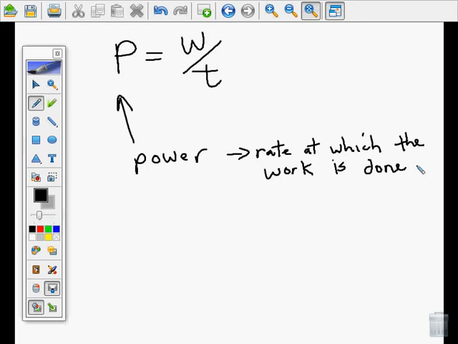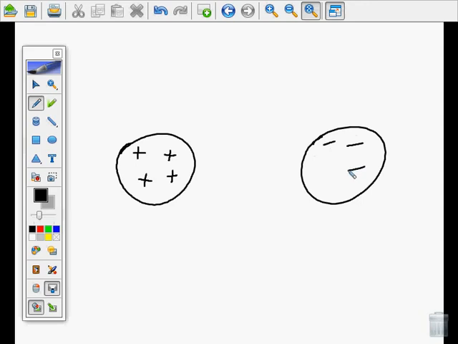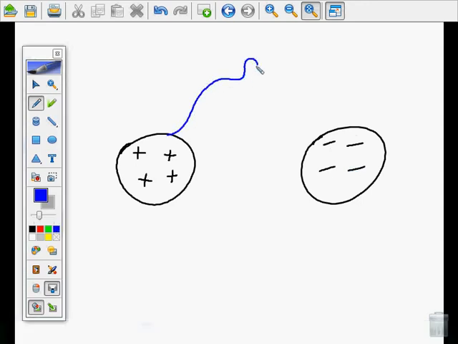So I'm going to go back to that scenario where I have two metal spheres, and let's say this one is positively charged, and this one is negatively charged, and I'm going to connect a wire from the positive through a light bulb to the negative, and the conventional current, the positive charge flow, is going to flow this way through the light bulb over to here.